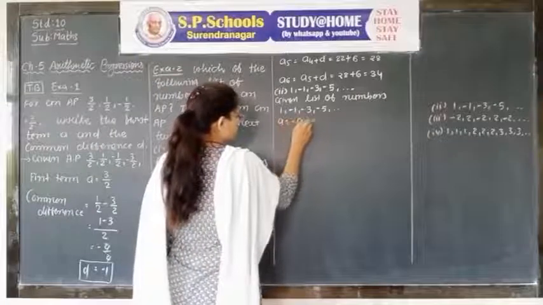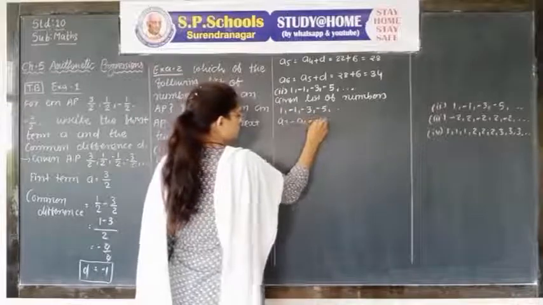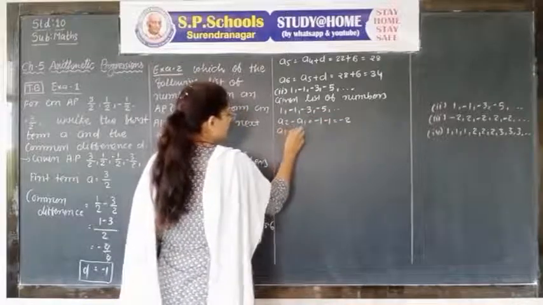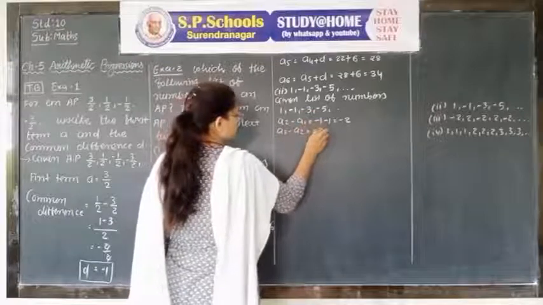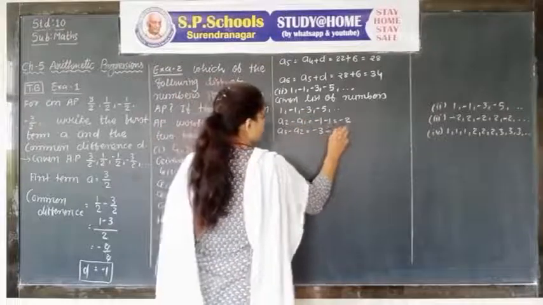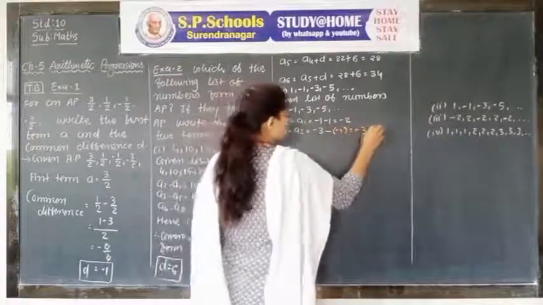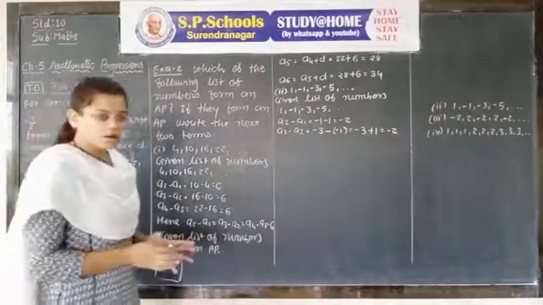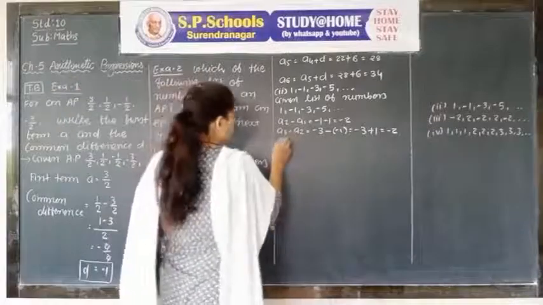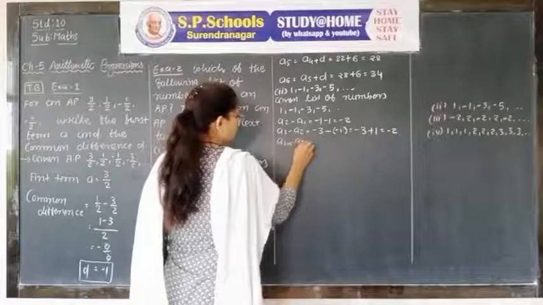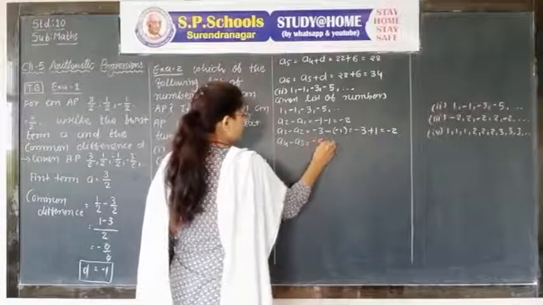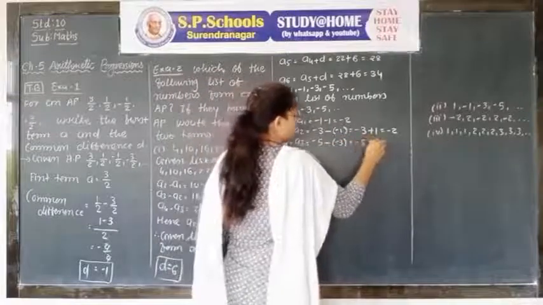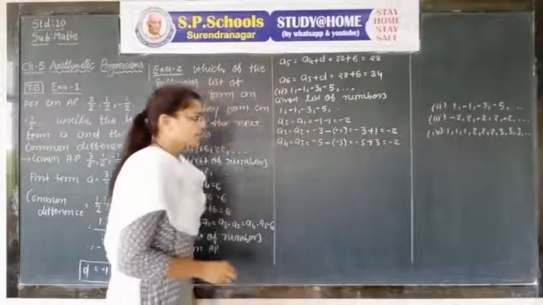A2 minus A1, minus 1 minus 1 is equal to minus 2. A3 minus A2, minus 3 minus of minus 1. Minus 3 plus 1 is equal to minus 2. Yes, two differences are equal. Compulsorily find the next one. A4 minus A3, where A4 is equal to minus 5, minus of minus 3. Minus 5 plus 3 is equal to minus 2.